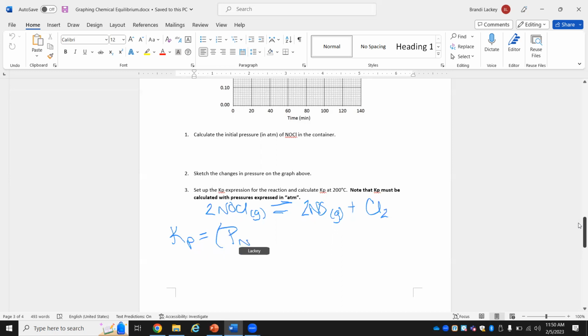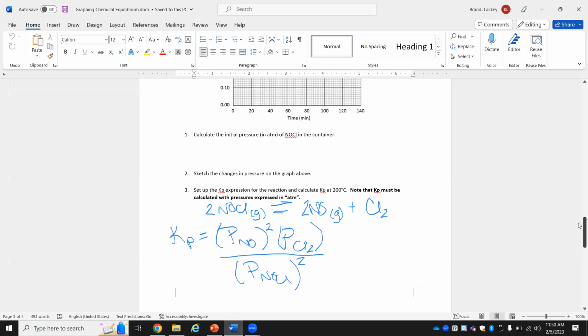So we're going to have the pressure of NO. That will be squared times the pressure of chlorine. That is not going to have an exponent. And that will be divided by the pressure of the nitrosyl chloride, the NOCl, and that will be squared.